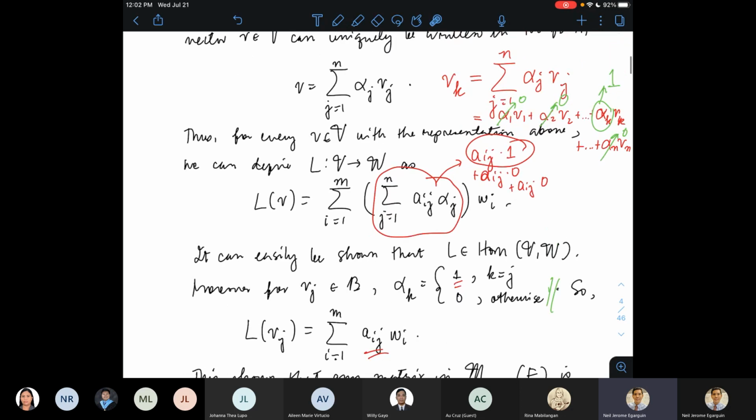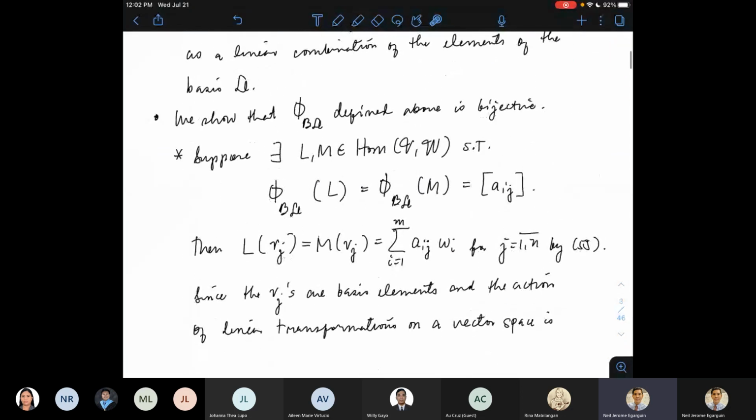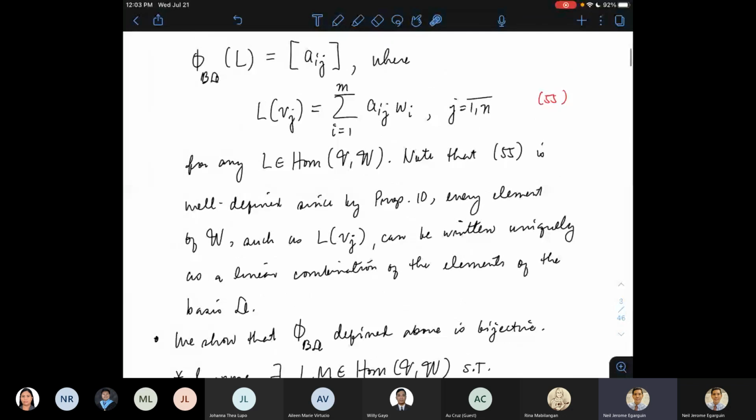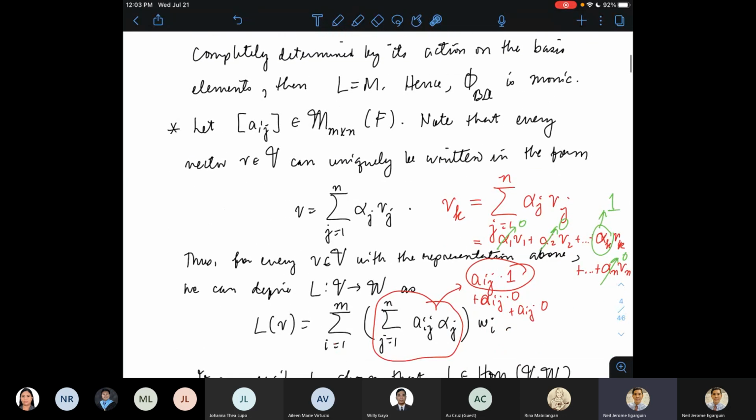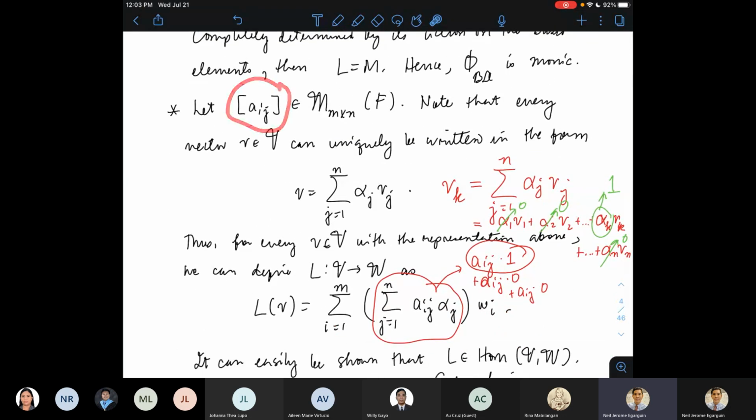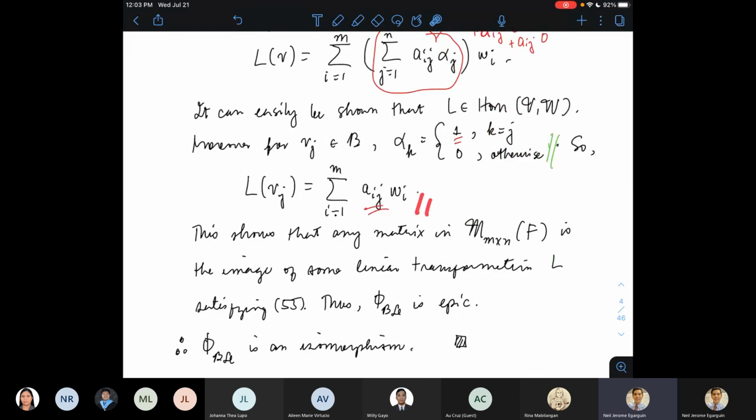So which is our ansatz or our guess for the linear transformation phi, how to get the matrix for a linear transformation L, okay? And that shows that whatever I choose or whatever matrix I choose, I can always define a linear transformation L exactly in this manner that satisfies definition 55.